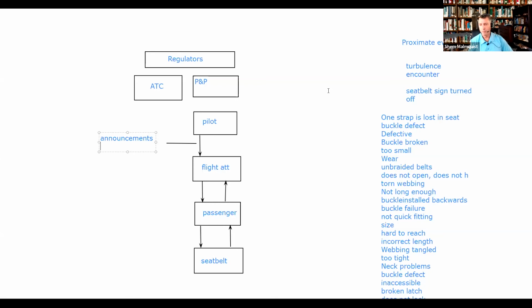So we have announcements, seatbelt sign. The seatbelt sign is actually a physical component. What could go wrong with the seatbelt sign? And what could go wrong with the announcements?